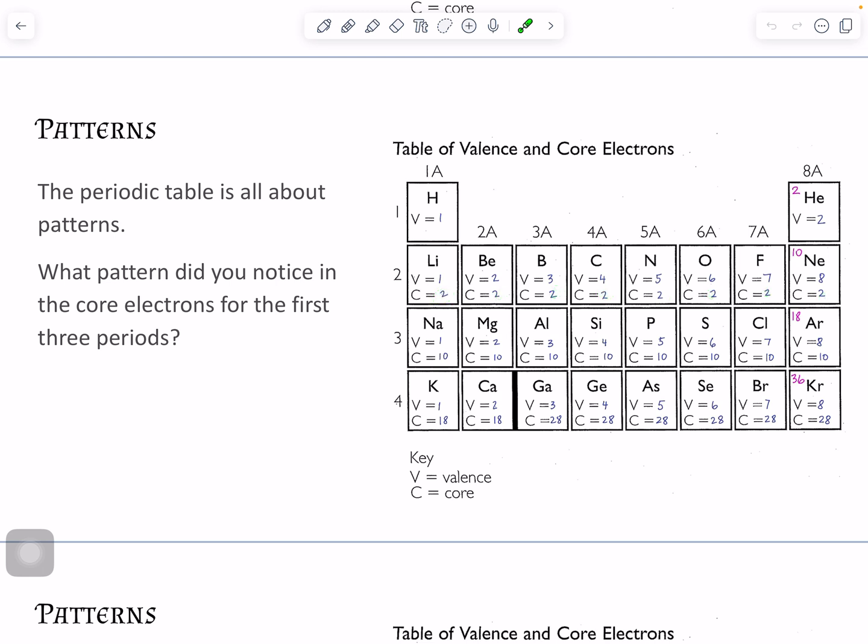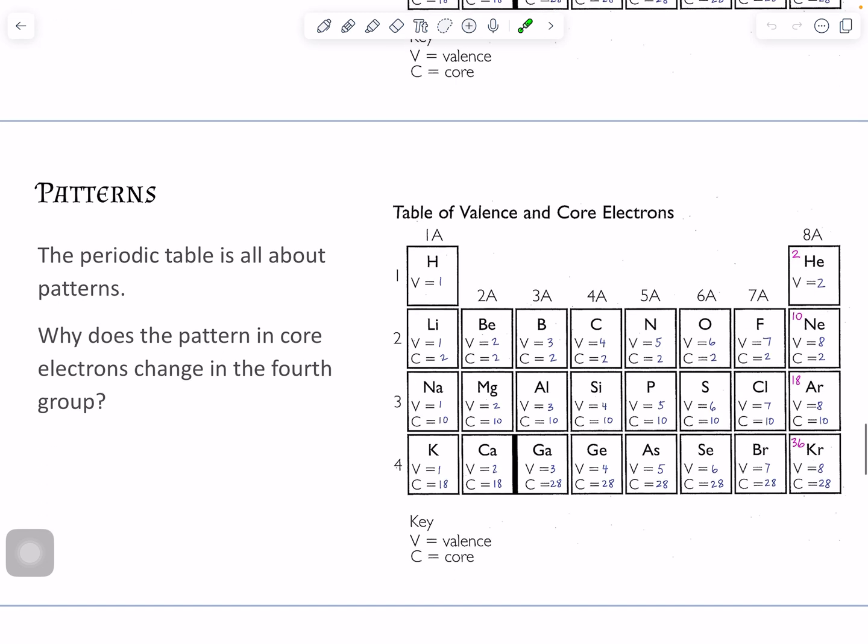In period 3, every single element has 10 core electrons. I think I keep mixing up my words. Period 2, 2 core electrons. Period 3, 10 core electrons. So the number of core electrons does not correspond to the period, but it is always the same within a period.